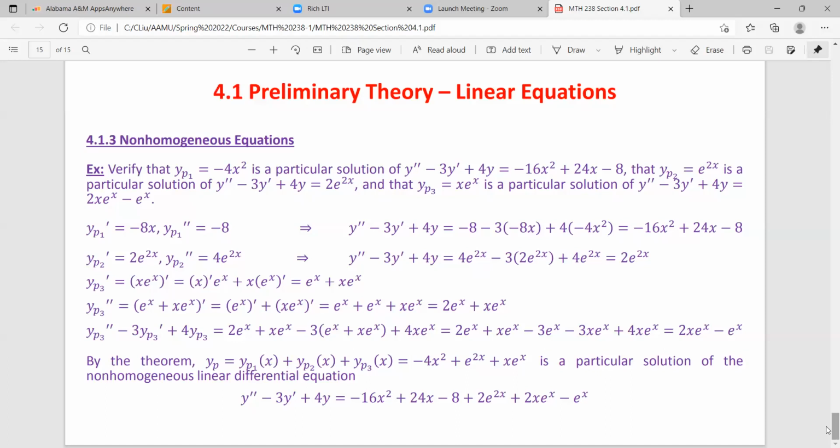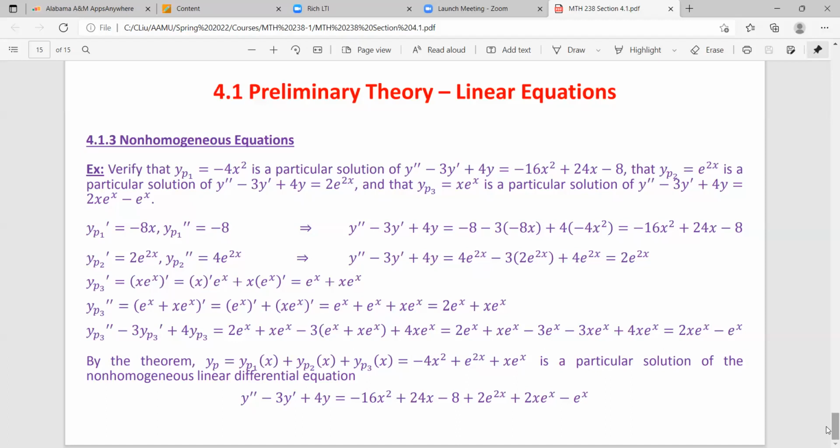The e to the x prime is just e to the x. And the derivative of x e to the x, we already did when we found YP3 prime, which is e to the x plus x times e to the x. So we combine the e to the x terms, we get 2 times e to the x, and add x e to the x. So that's YP3 double prime.